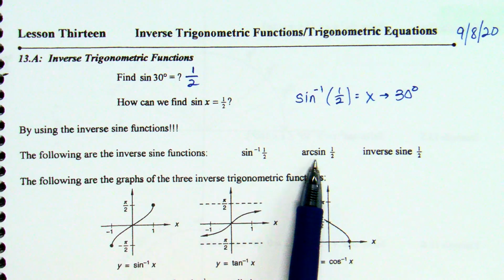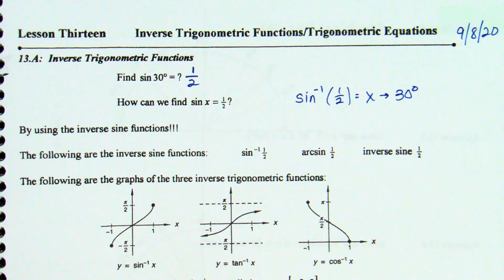I don't know that I ever see where they actually write out inverse sine, but maybe it's good to know. Those are all the same thing. Three different ways to say the same thing.